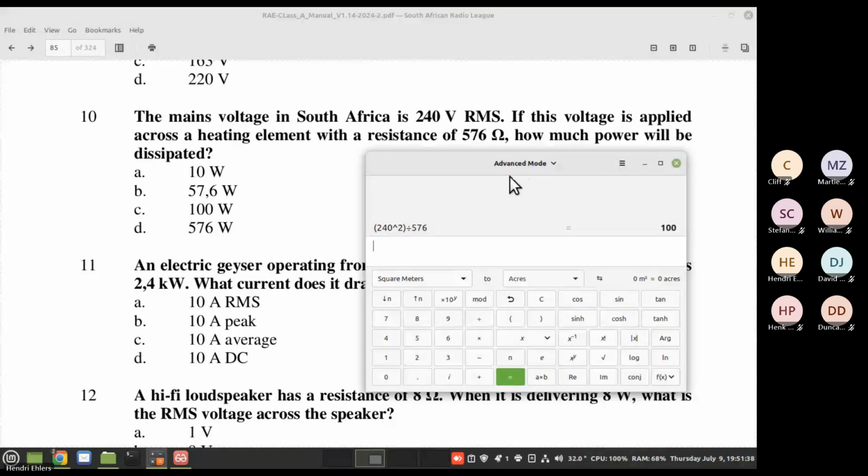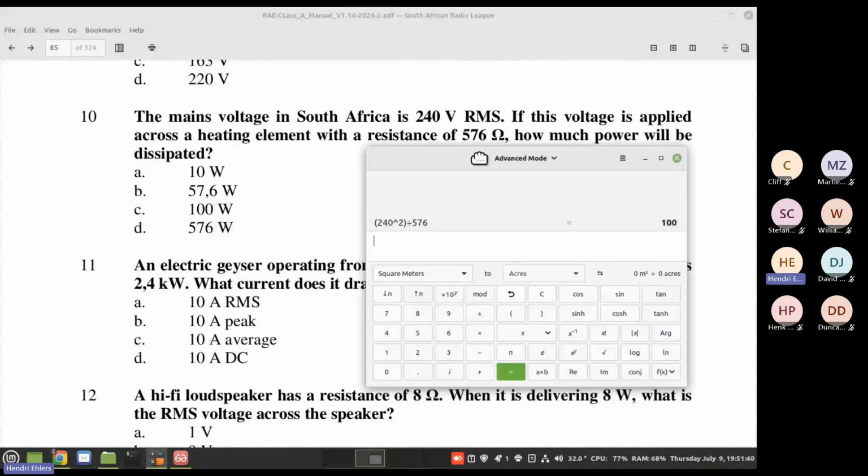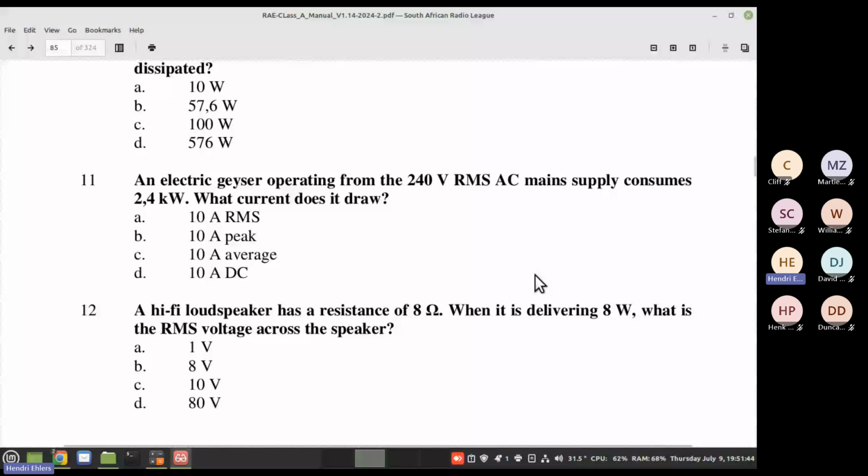See if we move the car. I can't get this calculator out of the way enough. An electric geyser operates from 240 volt RMS AC mains supply and consumes 2.4 kilowatt, or 2,400 watts. What's the current?